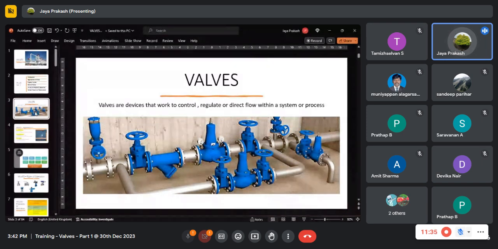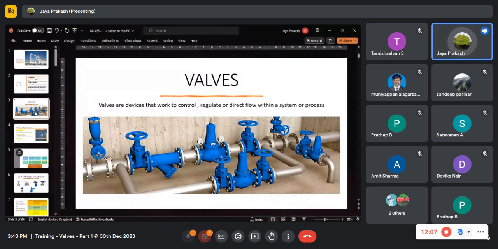But over time, it came to the conclusion that not all applications require watertight valves. There are certain applications where you can allow a certain amount of leak, which is not detrimental to the operation or wherever that valve is used.